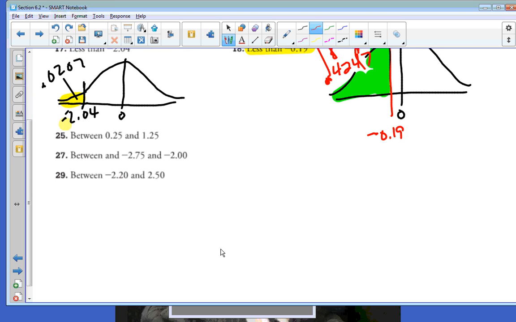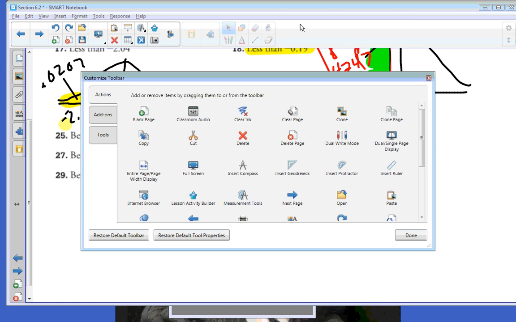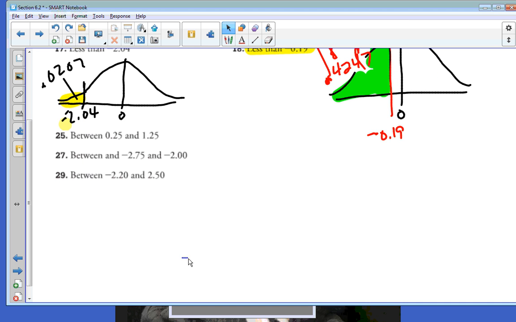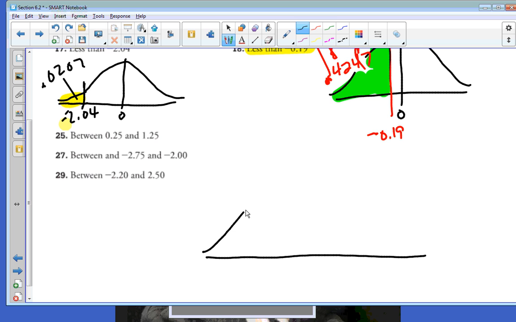Let's do at least one more of these. Let's do number 29. Let's draw my curve. That's 0. And I want to be between negative 2.2 and positive 2.5.